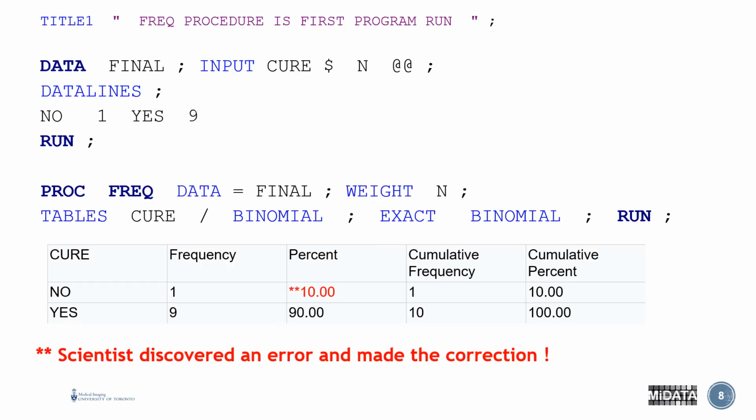So now what if the research scientist discovered an error and corrected it, and in doing so changed that proportion of no to 0.1? You'll see here in this slide that the code remains the same. However, what we're putting, of course, is 1 no and 9 yeses, but everything else stays the same.